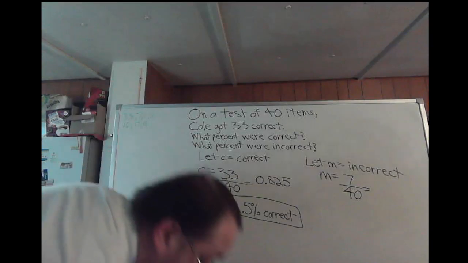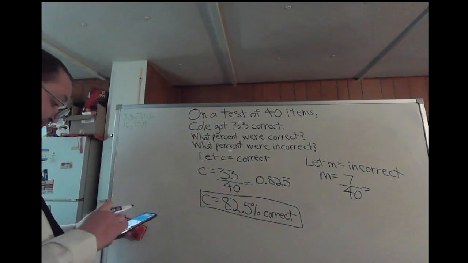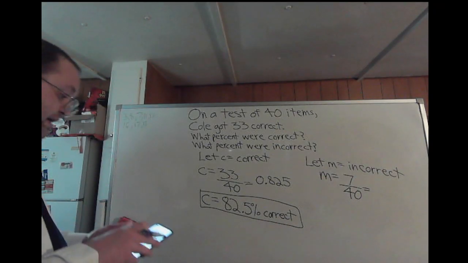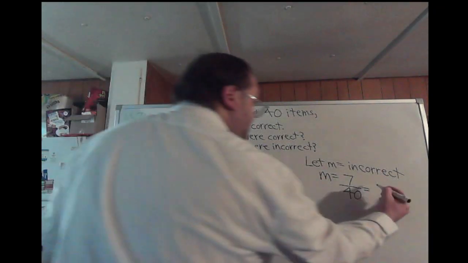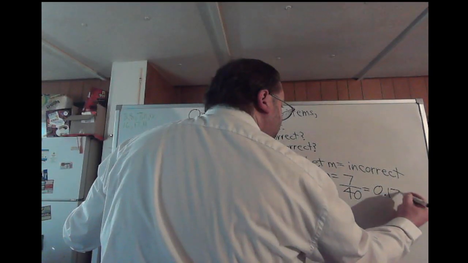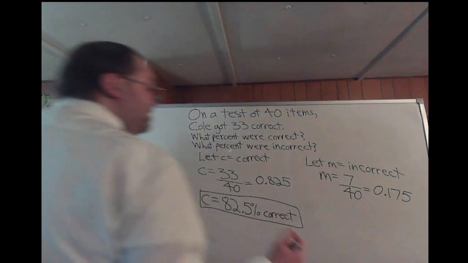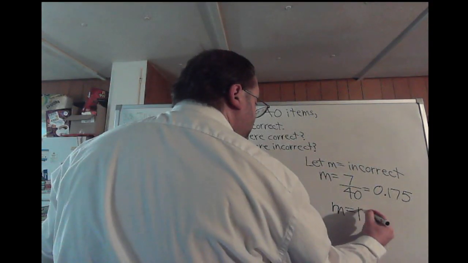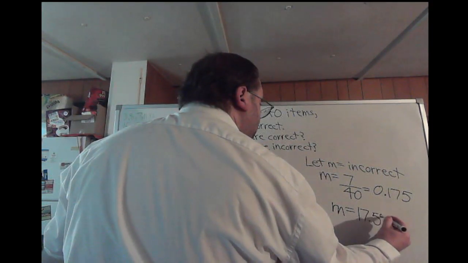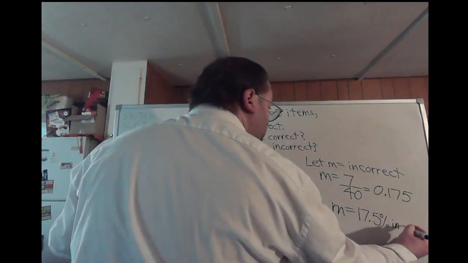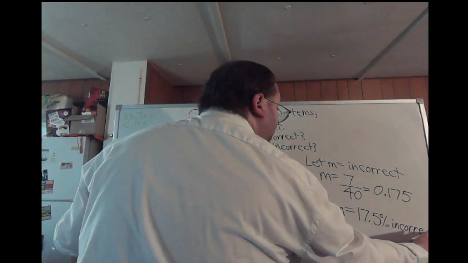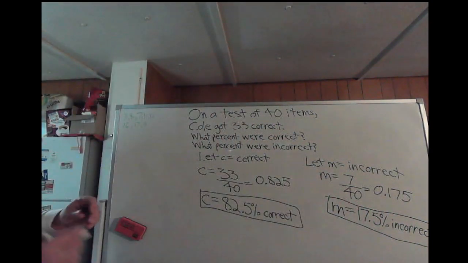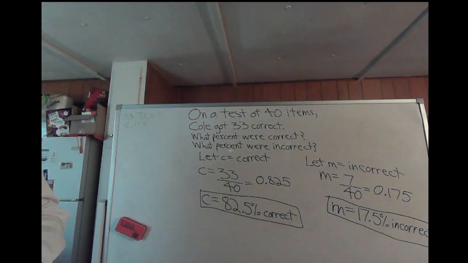So now we take the calculator, 7 divided by 40. Well, that's just going to give you 0.175. So to get that as a percent, move the decimal place 2 to the right, you'll have 17.5% incorrect. So you'll have 17.5% of those are incorrect.